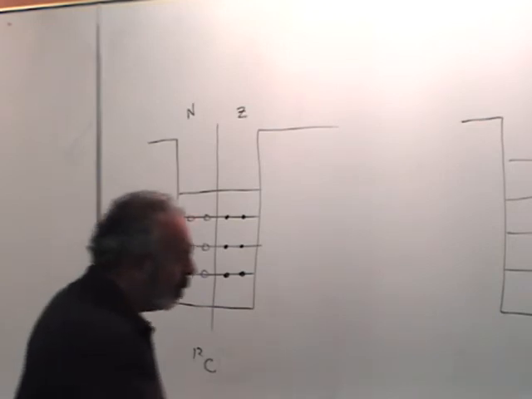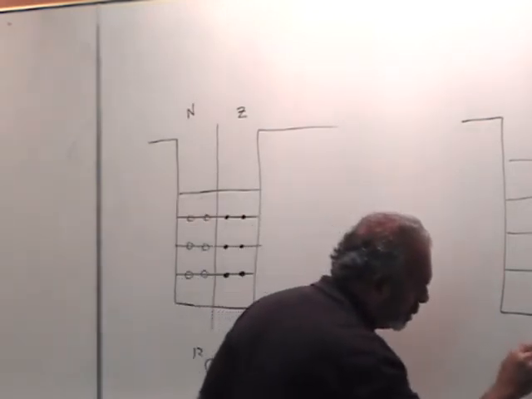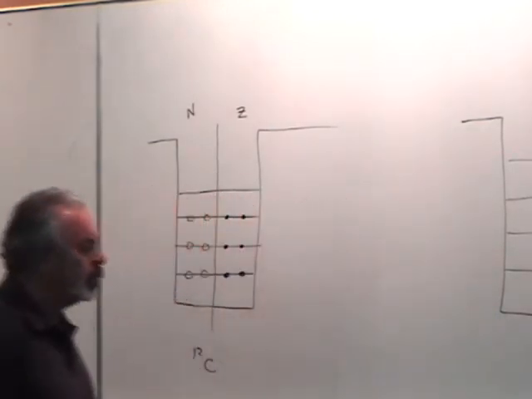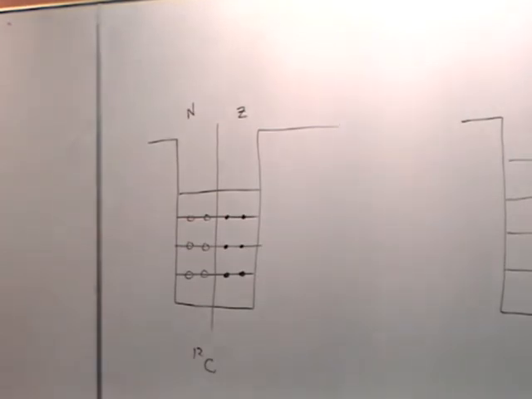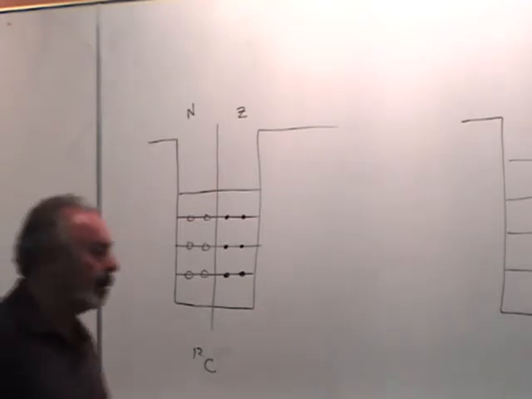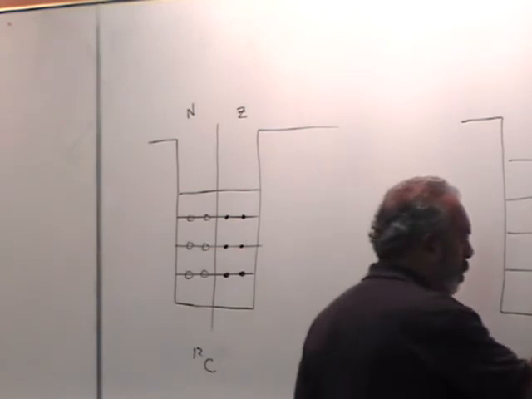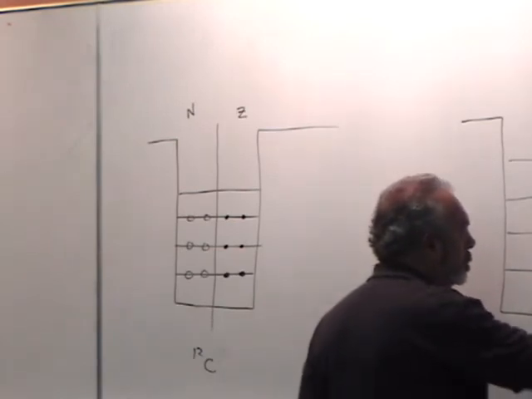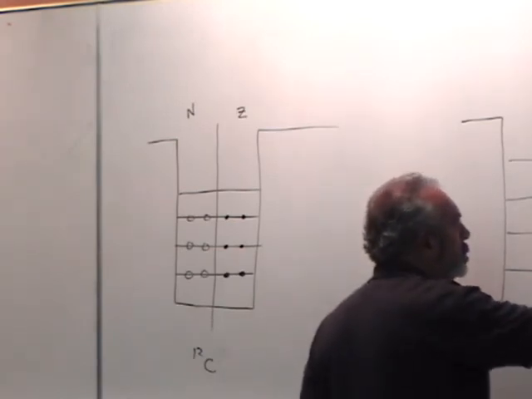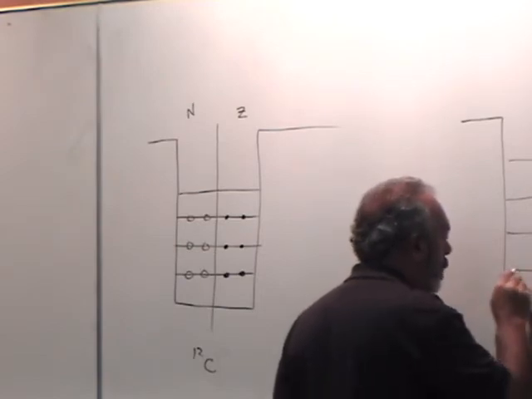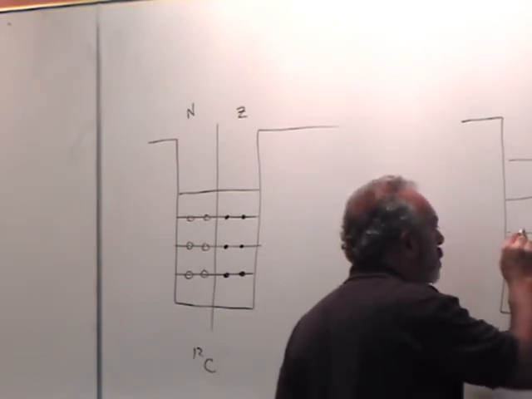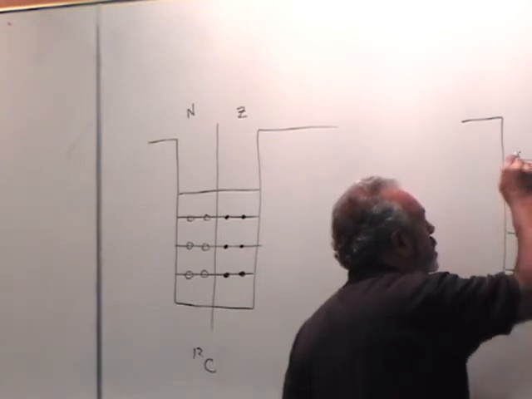But it's boron-12, not carbon-12. Well, there's going to be 12 nucleons, right? Except this time 5 of them are going to be protons and 7 of them are going to be neutrons. So look: 1, 2, 3, 4, and 1, 2, 3, 4, 5, 6, 7.